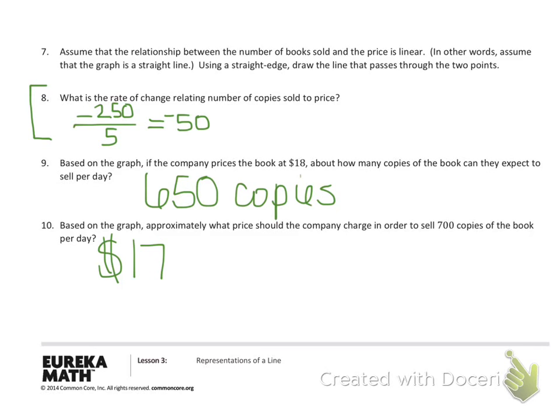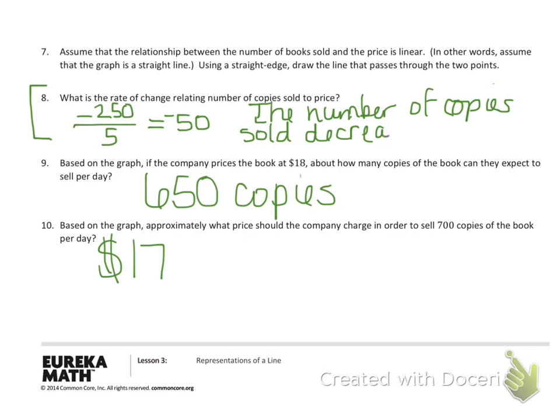So we could say that the number of copies sold decreases by 50 for every $1 increase in price.